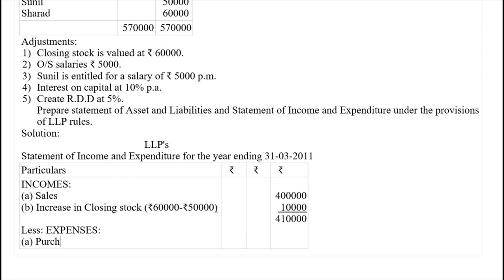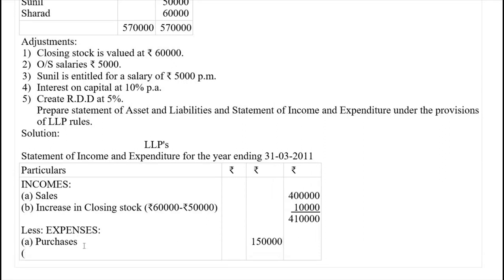A, purchases. Of course there are no returns here, so directly let's take it. Purchases amounted to rupees 1,50,000. Then B, personnel expenses.